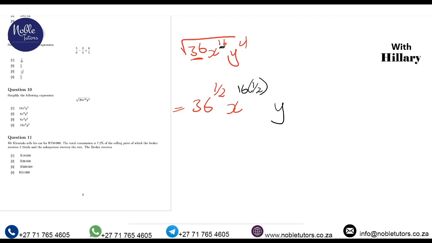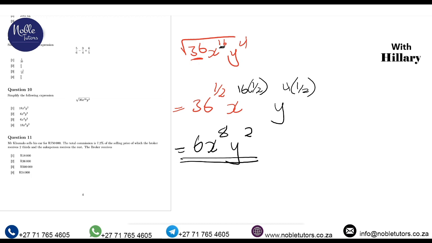So the square root of 36 will be 6. If you say 36 times half, it will give you 6. Then x to the power 16 times half, that will be 8. Then y to the power 4 times half, that will be 2.